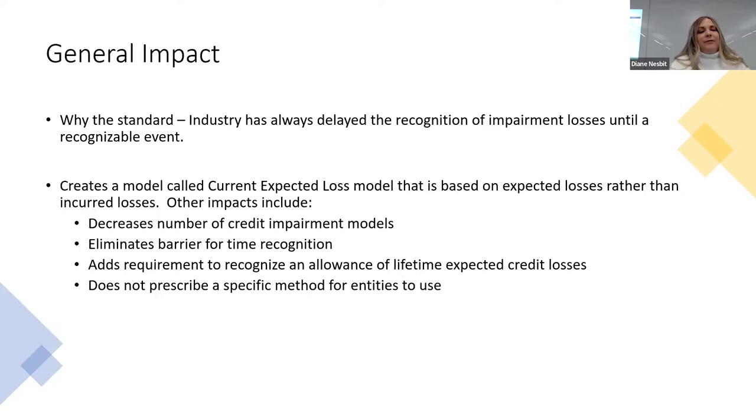It eliminates the barrier for time recognition and adds a requirement to recognize an allowance of lifetime expected credit losses. And lastly, it does not prescribe a specific method for entities to use. So it's much more principles-based than we're used to on these loss recognition standards.